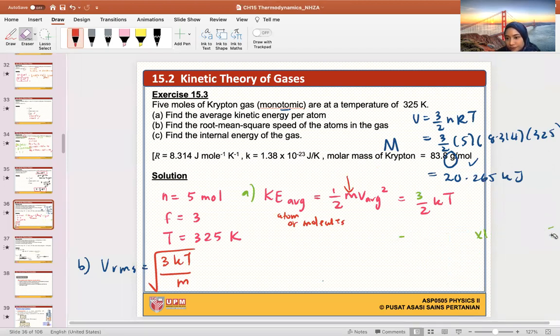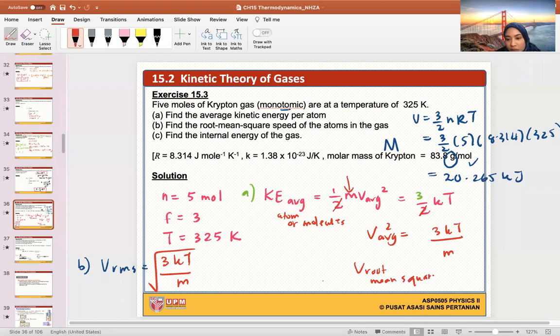Let me show you. So the m comes from the 1 over 2 mv squared actually. So 3 over 2, the 2 cancels out, 3kT. So m goes to the other side. I am left with V average squared, which does not satisfy VRMS because VRMS is root mean square.